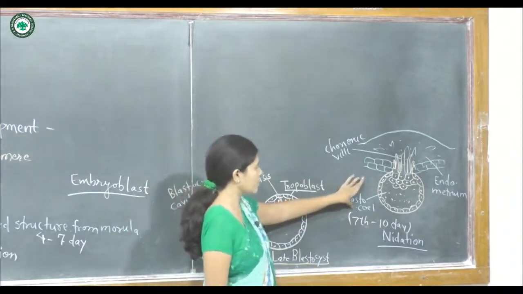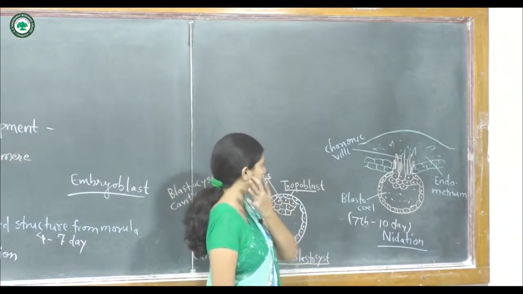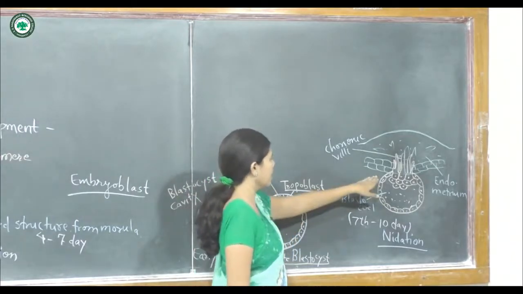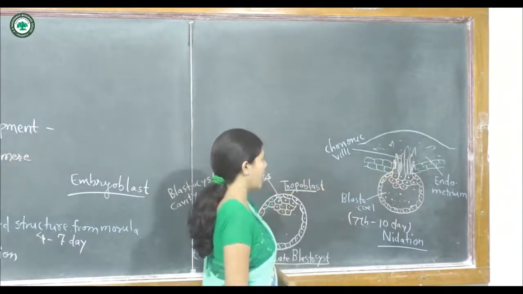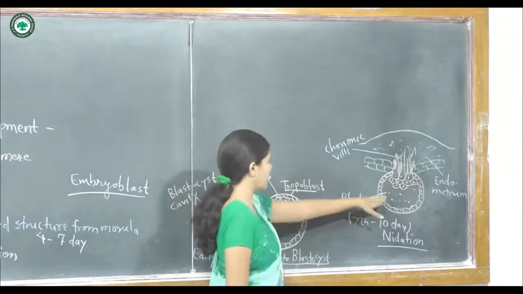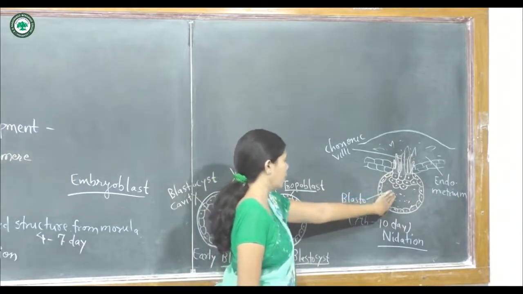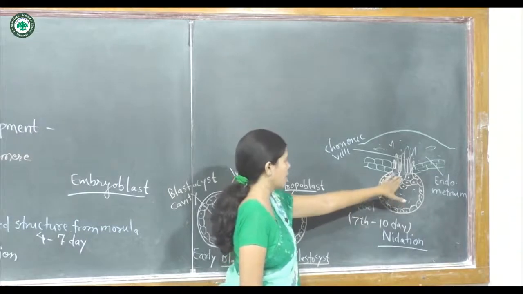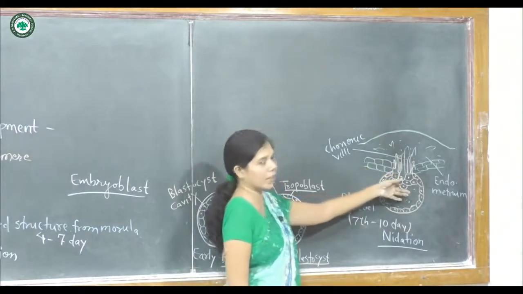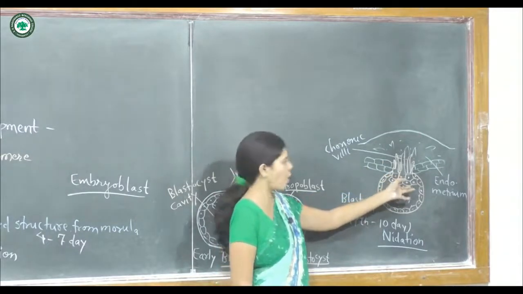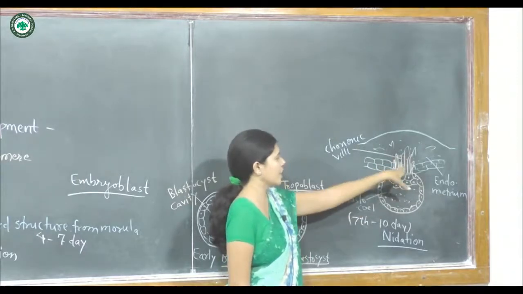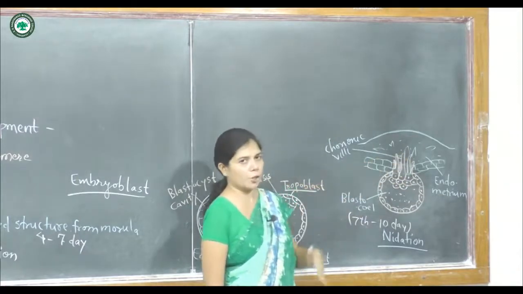In the process of implantation, the blastocyst is attached to the endometrium and embedded in it, and the blastocoele cavity remains fluid filled. The embryoblast cells form chorionic villi, by which it is attached to the endometrium.